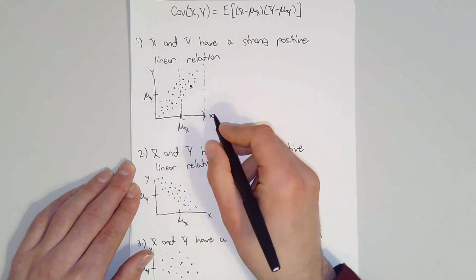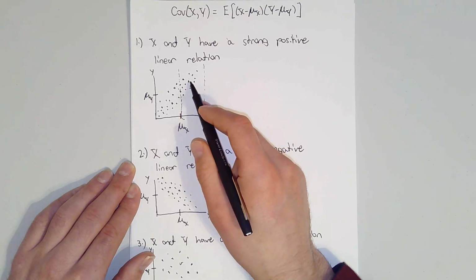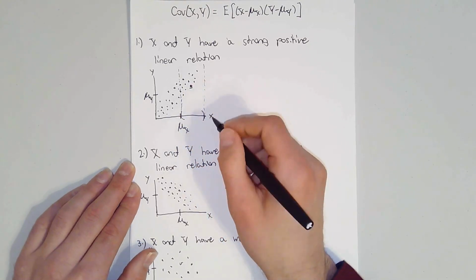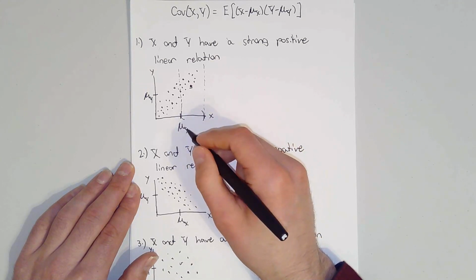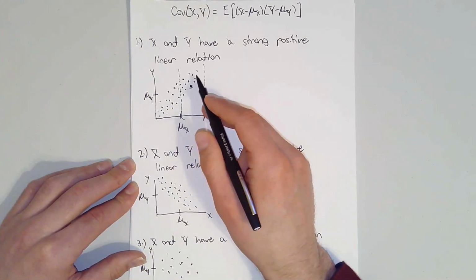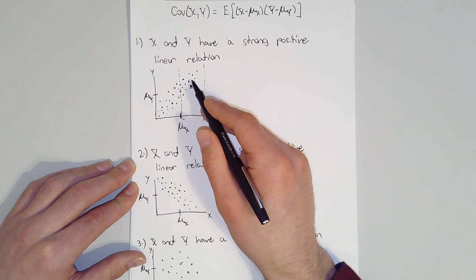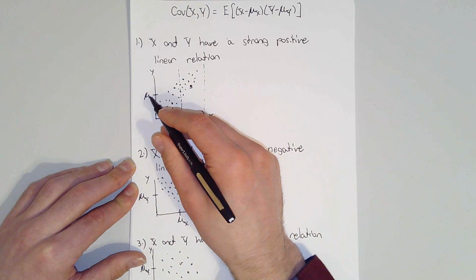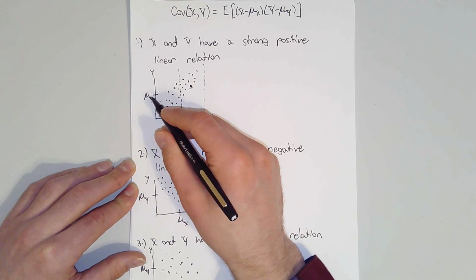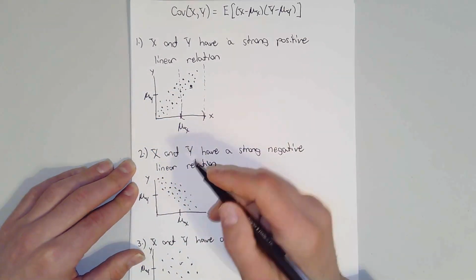So if I restrict ourselves to only the points in our scatter plot in which the x-coordinate is greater than the mean mu sub x, then most of these points also have a y-coordinate corresponding to a value greater than the mean with respect to capital Y. What is this saying?